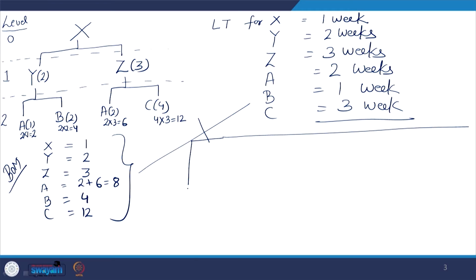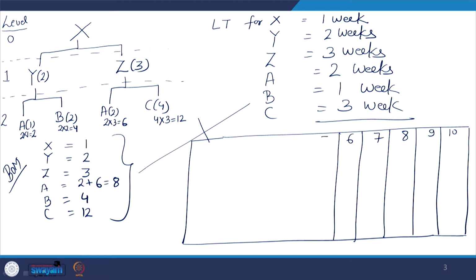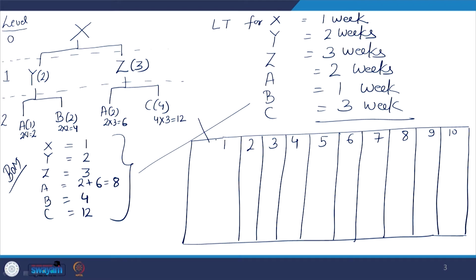a chart like this, where these are the weeks. So, this is 10, 9, 8, 7, 6, 5, 4, 3, 2, 1, and item.